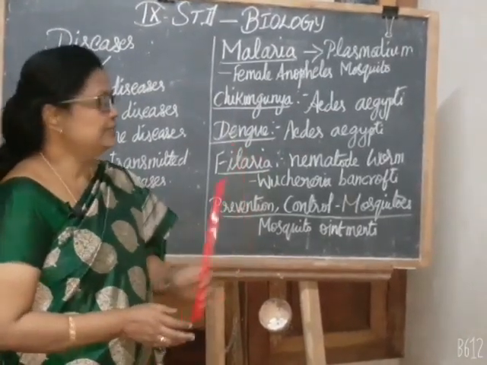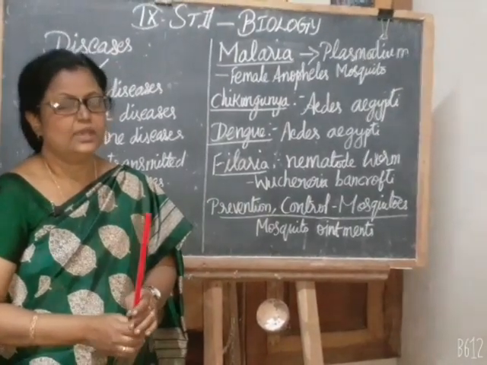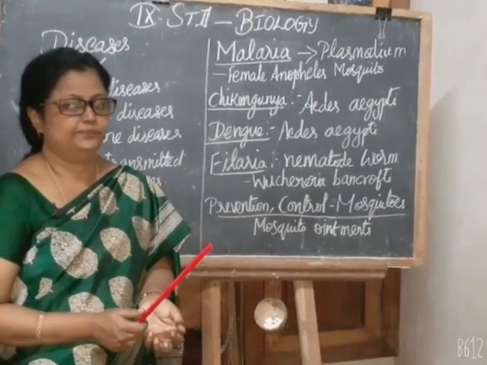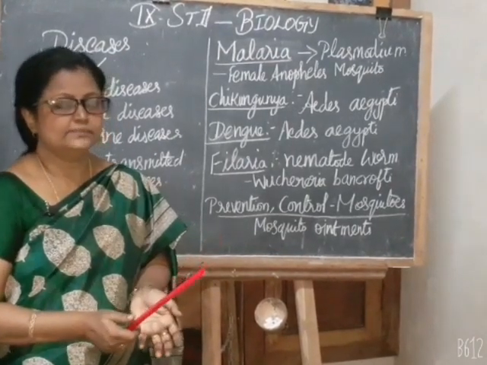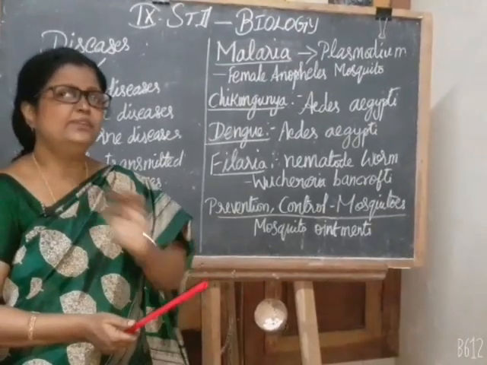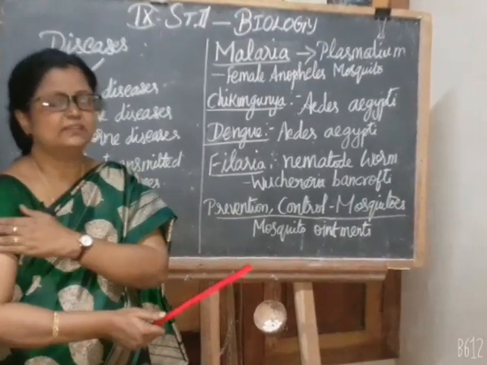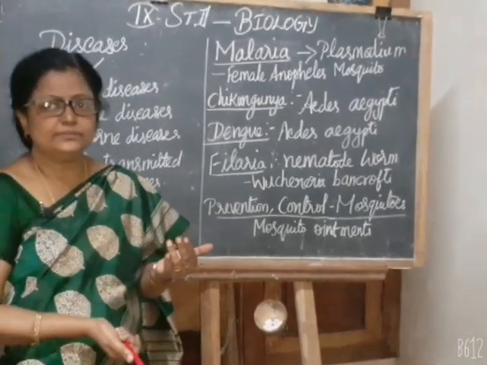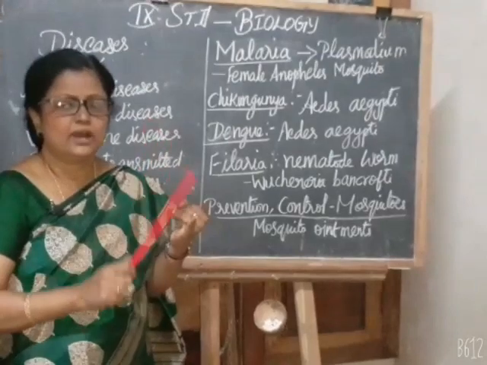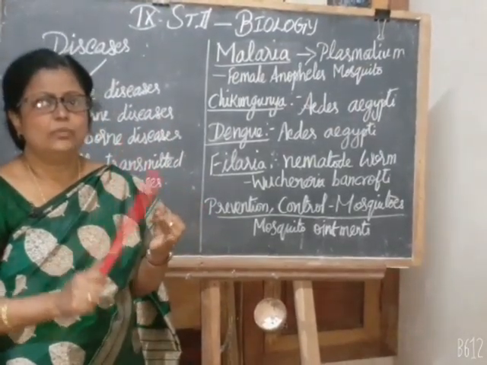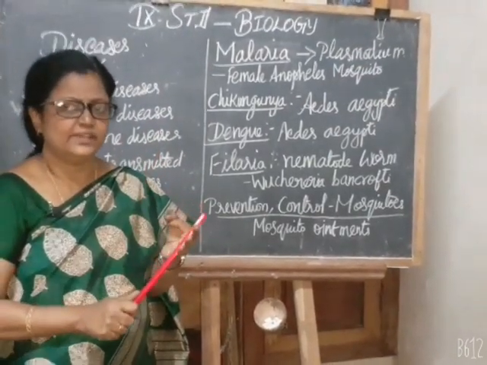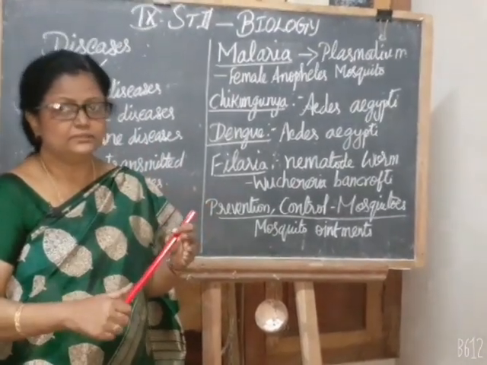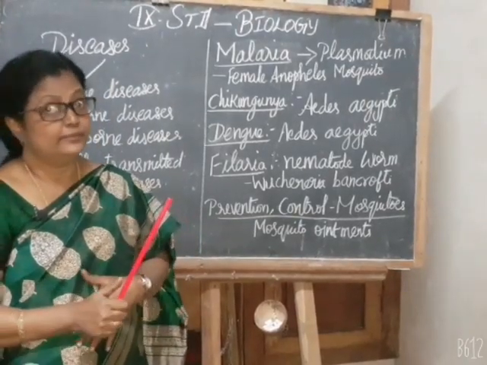The next one is dengue. Dengue is known as the break bone disease because it causes severe pain in the joints and muscles. Symptoms: high fever, vomiting, nausea, then difficulty in breathing and abdominal pain.